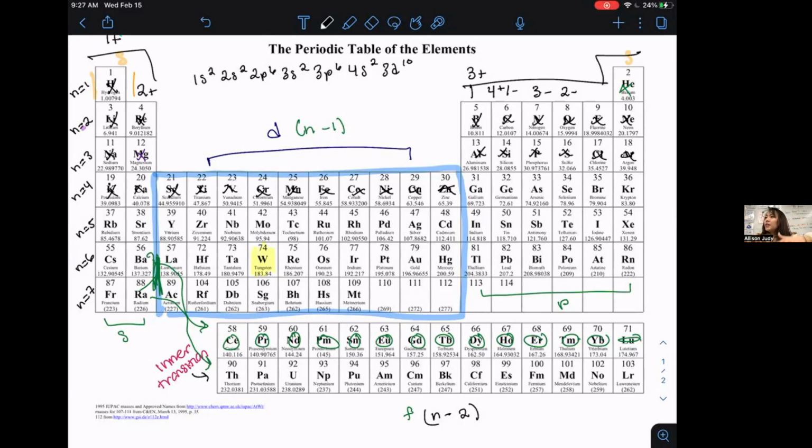Same idea here. 3D, it fits better for energy reasons that I'm not going to get into with you guys. It's way too advanced. For energy reasons, 3D is technically slightly, relatively higher in energy, the 3D orbital is, than the 4S. Even though the overall energy level of 3 is still less than 4. But it comes after 4S.